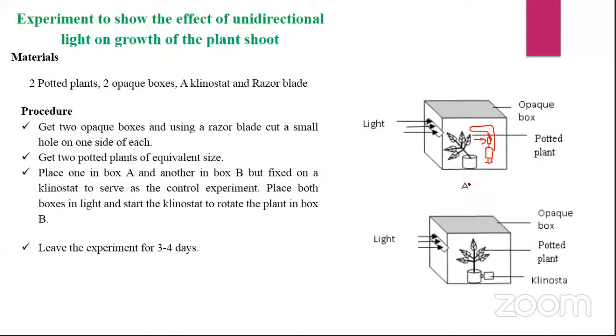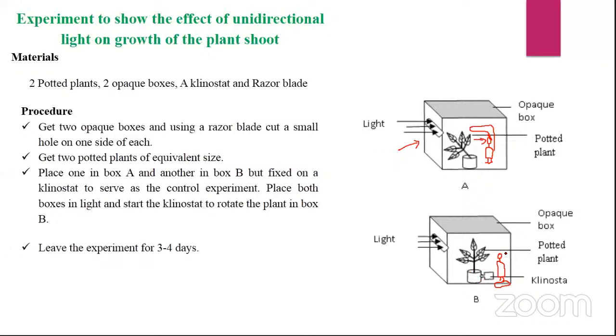But then we normally have a control experiment, which removes any doubt about what you're trying to demonstrate here. And how is that? Imagine you are in this dark box that is letting in only small light through one hole, and you are seated on a rotating machine.